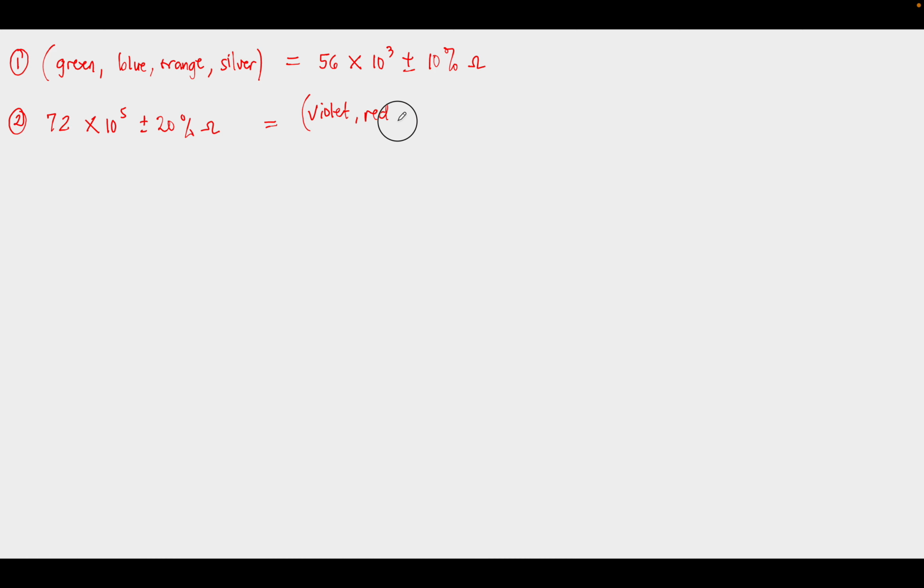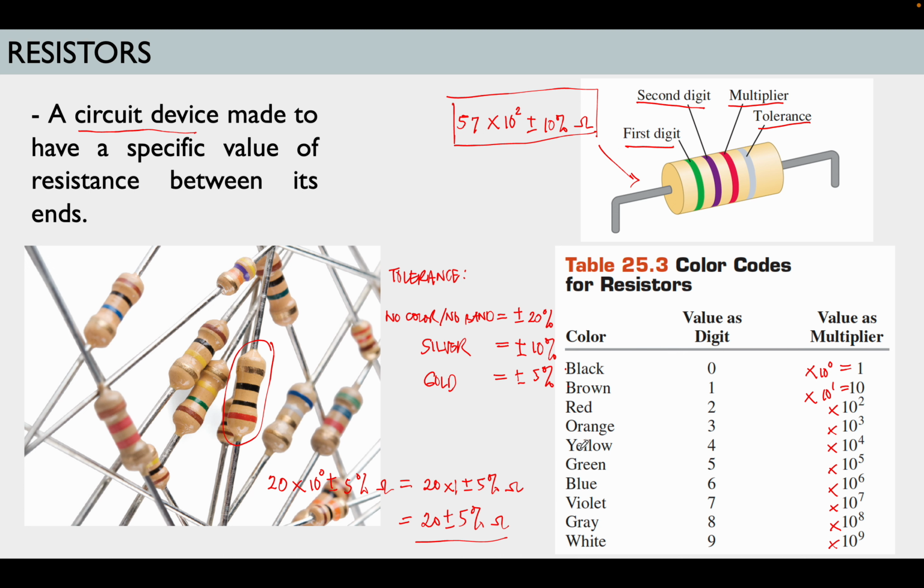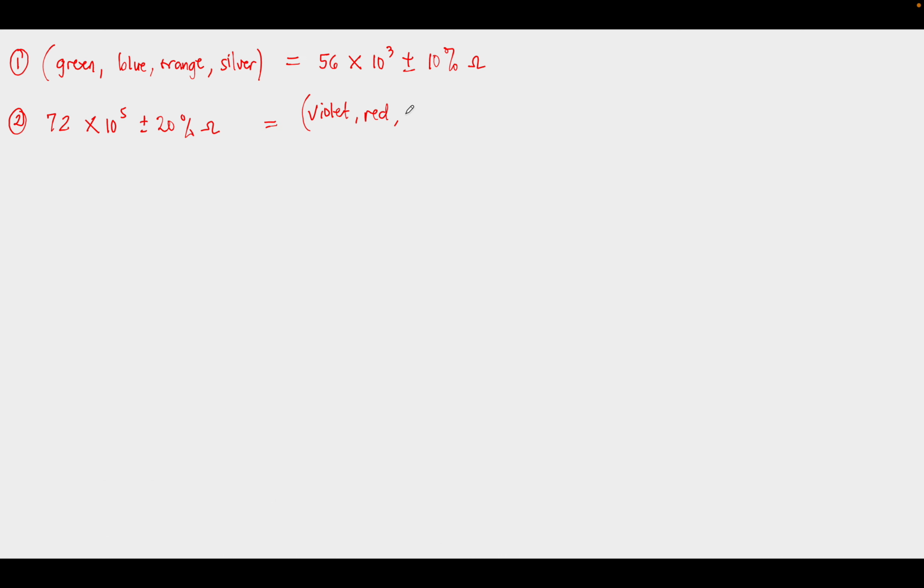And then times 10 to the power of 5 is green. And then the fourth one, the tolerance, is plus and minus 20%, or we can also write it as no color or no band. It means we have no fourth band or no color for the tolerance. So you can also write it like that.